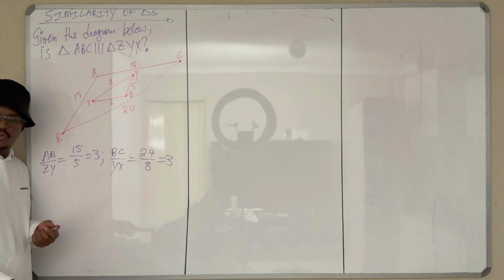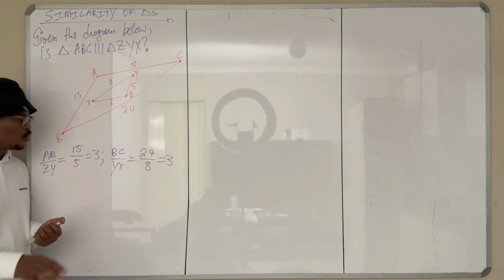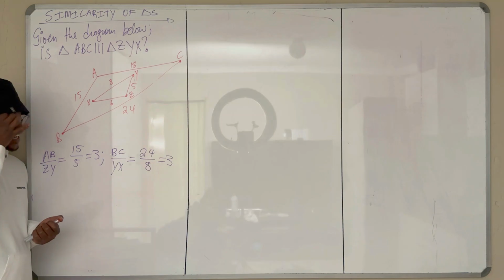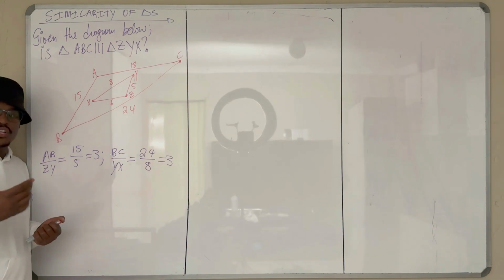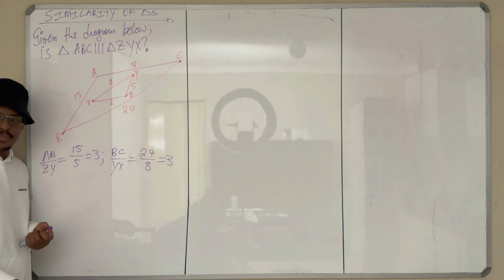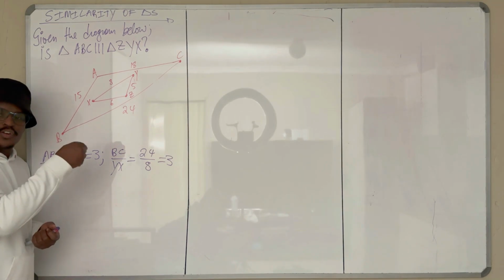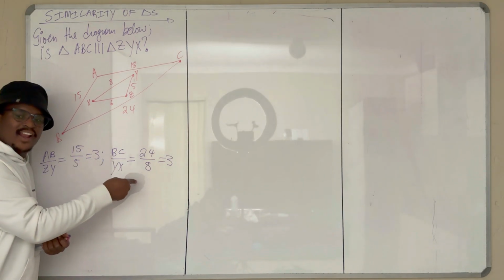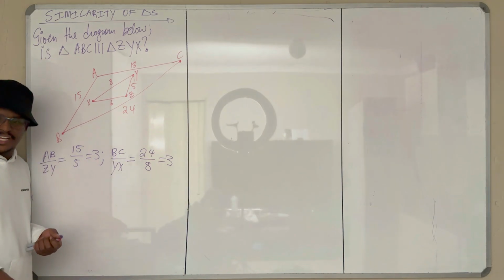Is this enough to conclude that these two triangles are similar? No, you must show all of them. You must show all three pairs of corresponding sides. If it's only two, then their included angles should be equal as well in order to satisfy that requirement. Are you happy? Yeah.